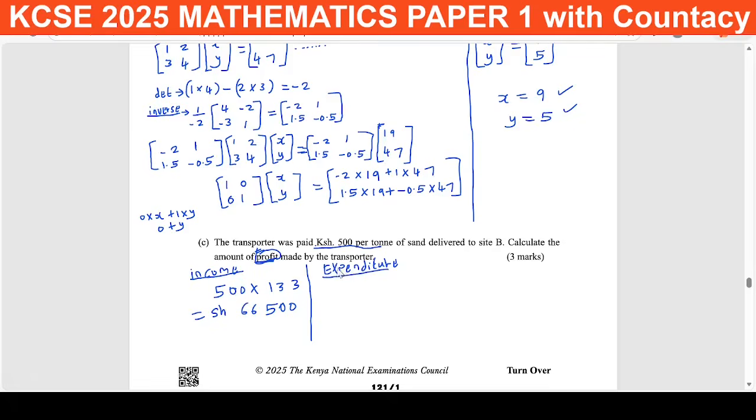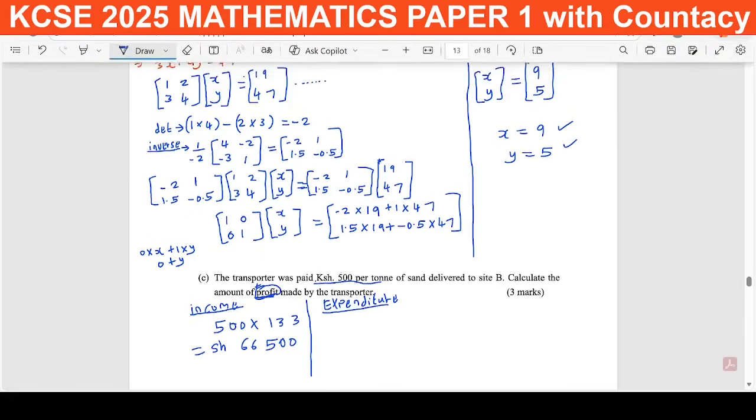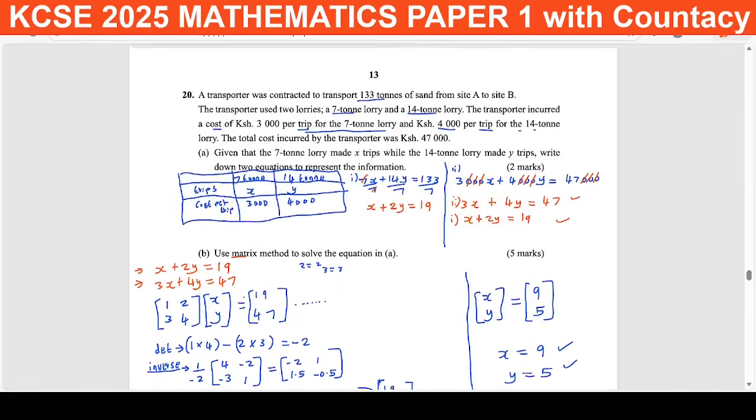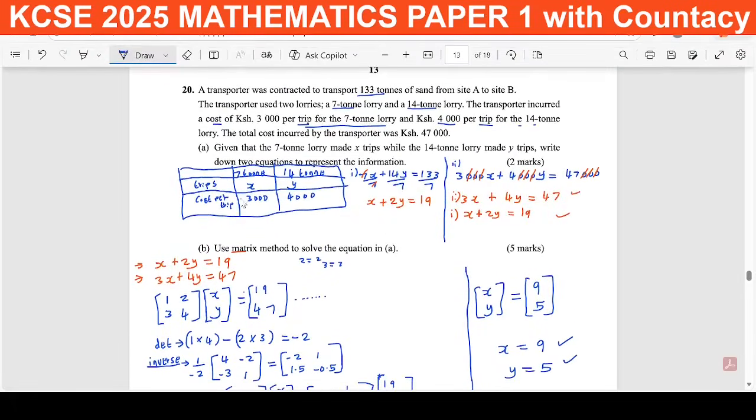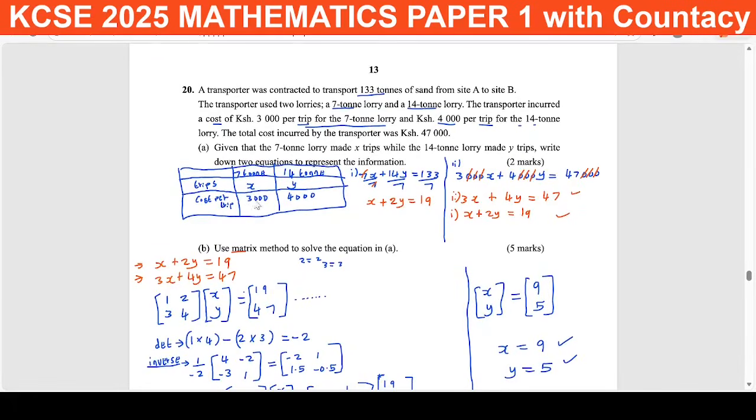So to find out the expenditure, you remember in our question we were told, and let's get back to it, that the cost per trip for this 7-ton lorry was 3,000, and for this one it's 4,000.